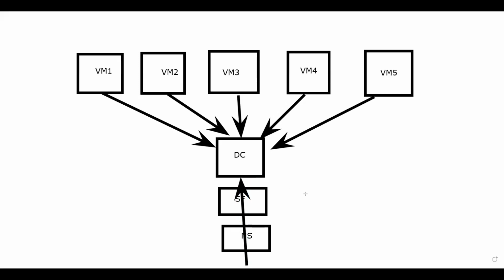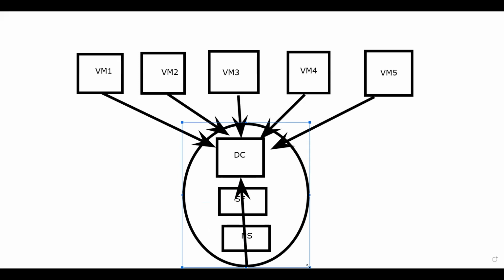So that was the communication process. But here, if I highlight these three servers, storefront, NetScaler, and delivery controller, they will remain the same in PVS as well, but there is a huge change.